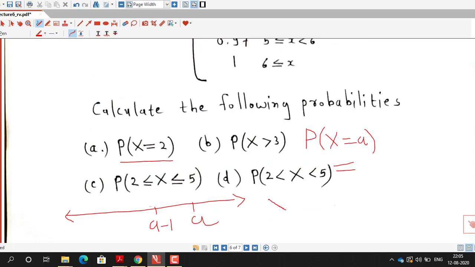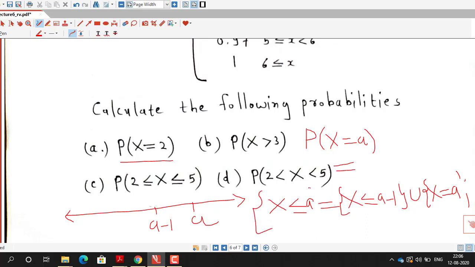So we can say that the event x less than or equal to a can be written as the union of two events: X is less than or equal to a minus 1, union capital X equal to a. The event x less than or equal to a is the union of these two events.